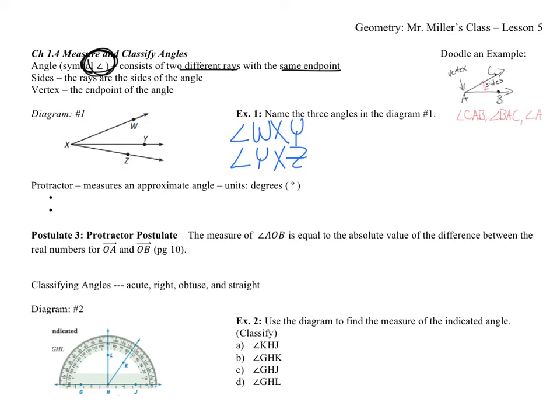And then my last angle that I could create is angle WXZ. Now notice I can't name this angle X because I have two different angles that make up the larger angle. So I wouldn't know which angle is actually referring to angle X. So that would not be an option this time.